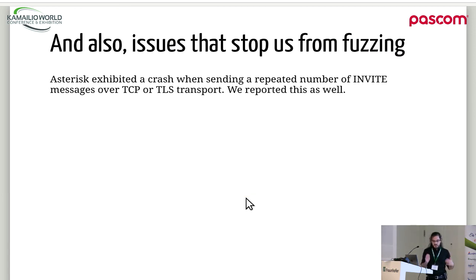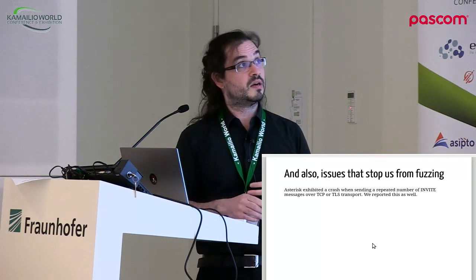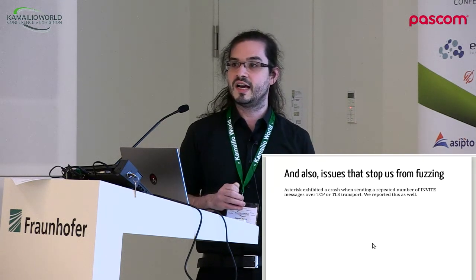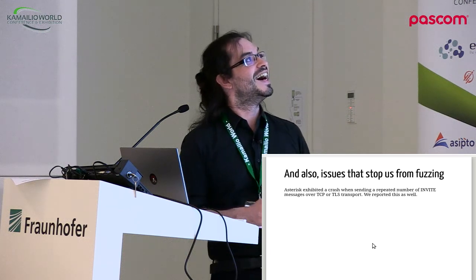And of course, again, we met more problems that stopped us from fuzzing. So we report these as denial of service problems so that we get them fixed and we can continue fuzzing.